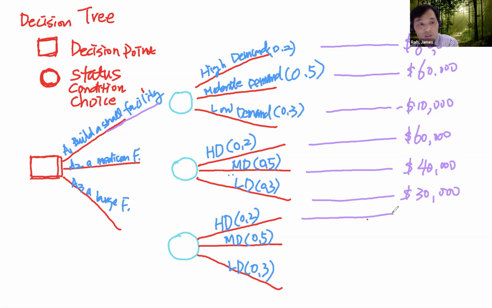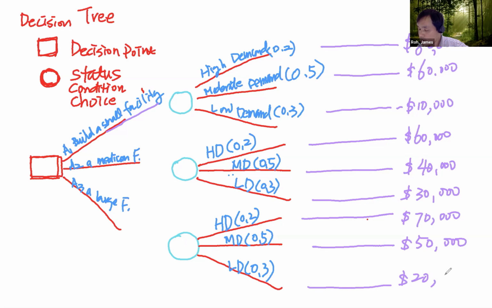And with a large facility, you make $70,000 when it's high demand, high market, and $50,000, and lastly $20,000 when the demand is low. That's what I find.